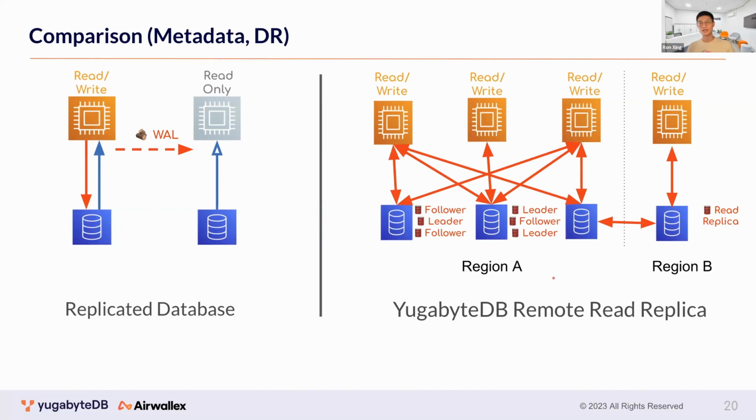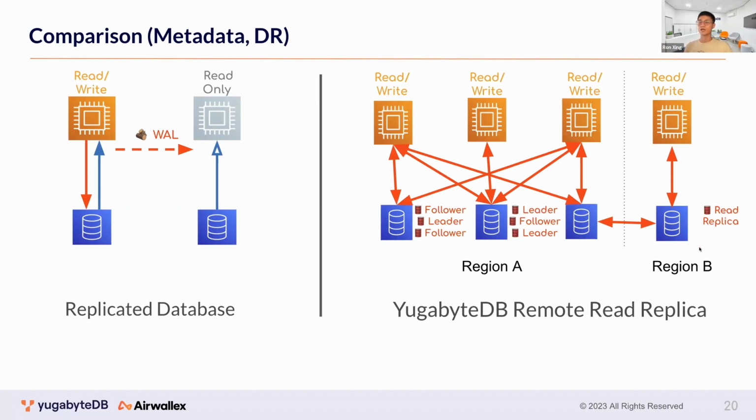But in the Yugabyte case, if you are connecting to a remote read replica node, not a follower read, it's not really a DR solution, meaning that if your primary region all goes down, this node will not be able to continue to serve requests.